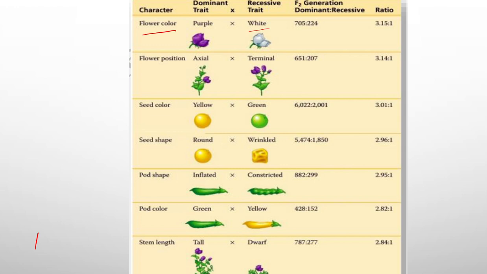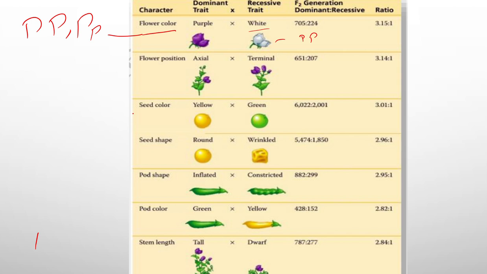Now we are going to look at the phenotypes. How about the genotype? For example, for the phenotype of purple, we have two options: P capital, P capital, or P capital, P small. How about the white one? Both should be small: P small, P small.